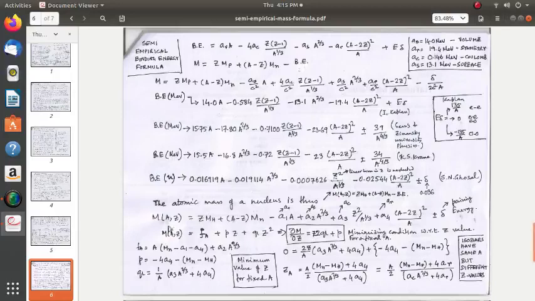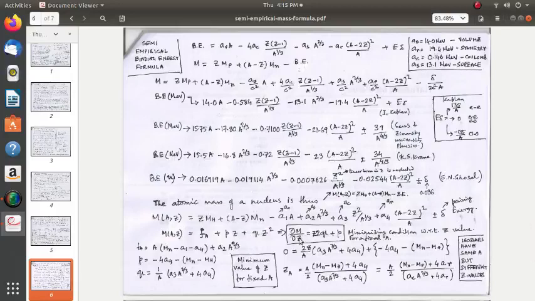So for that we recast that mass formula in this form, where this part is independent of Z, this part linearly depends on Z, and this part quadratically depends on Z. And you can easily write down what its coefficients are. Then this is M, and then minimize del M del Z equal to 0.